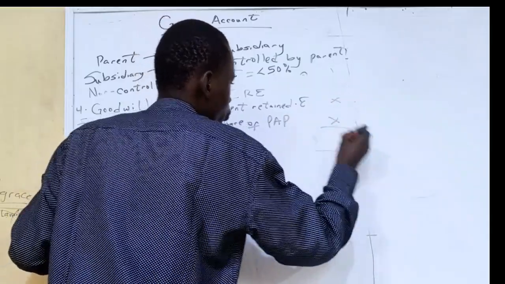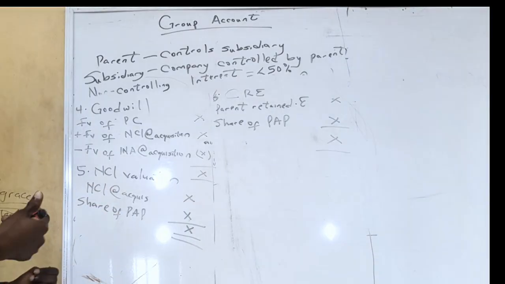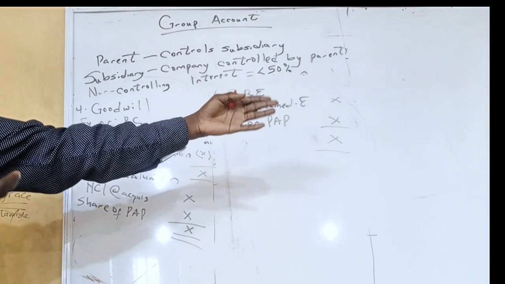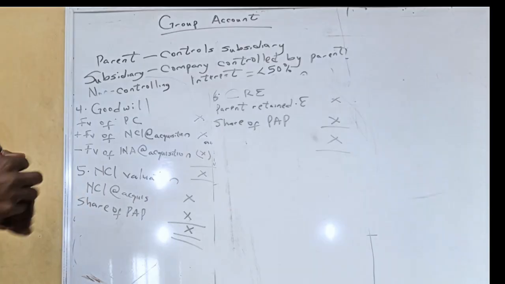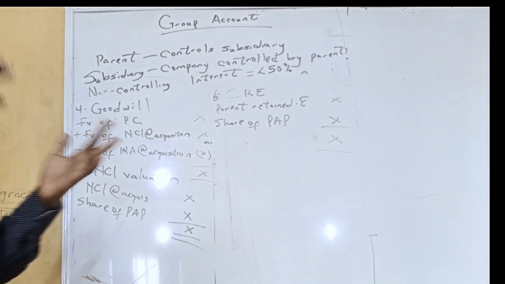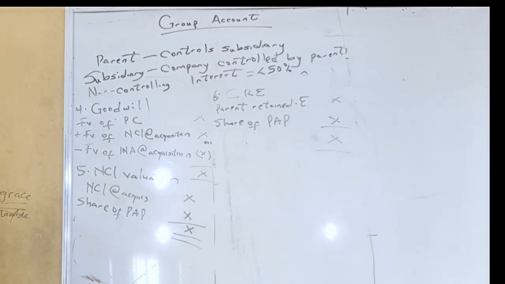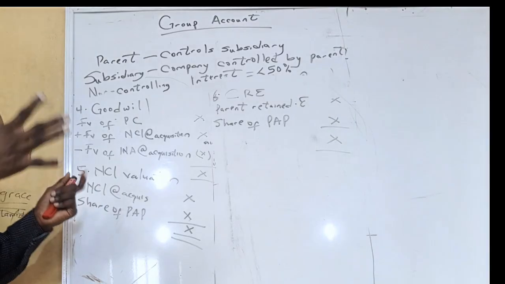But if you were the type that actually separated the fair value adjustments and your unrealized profits when you were calculating your INA, then you'll have to come and do it here again. And from this, you can now prepare your consolidated statement of financial position or consolidated statement of profit or loss. So let's take a question.